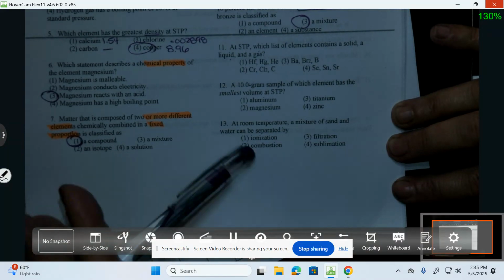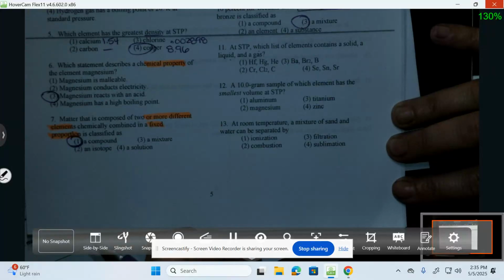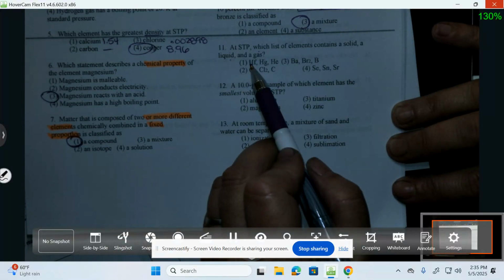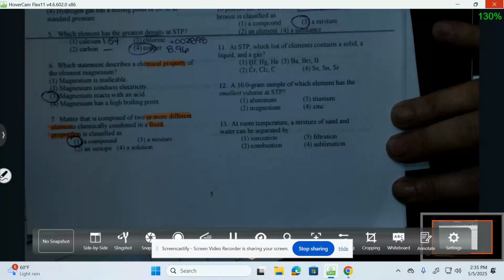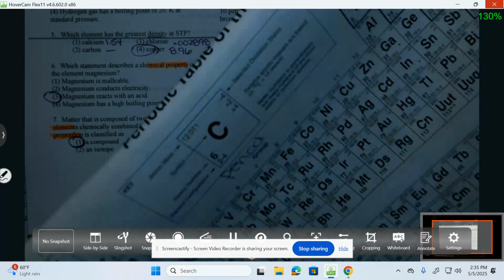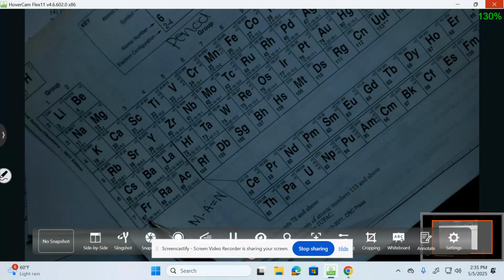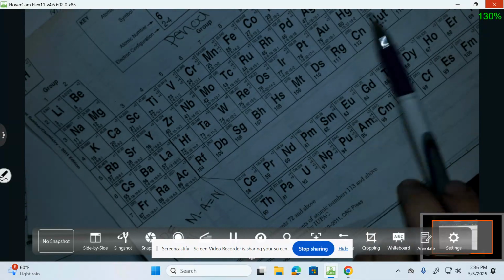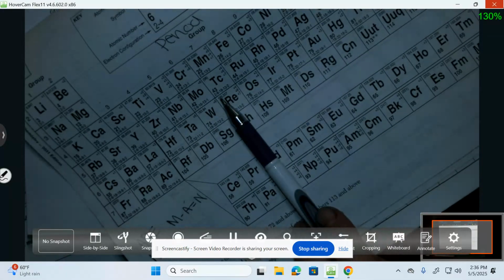At STP, which list contains a solid, a liquid, and a gas? All right, let's label them, I guess. HF, solid, liquid, or a gas? Remember, most of the periodic table is solid. So, where is HF?